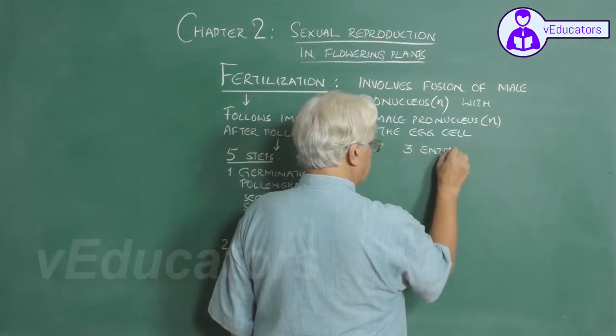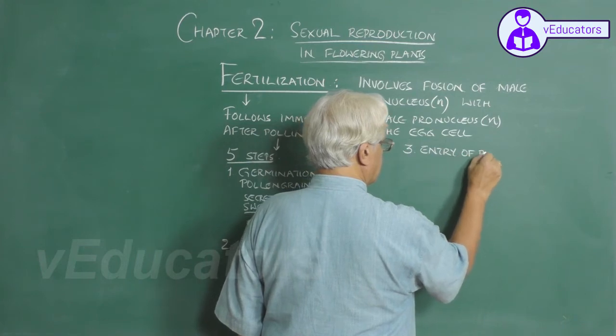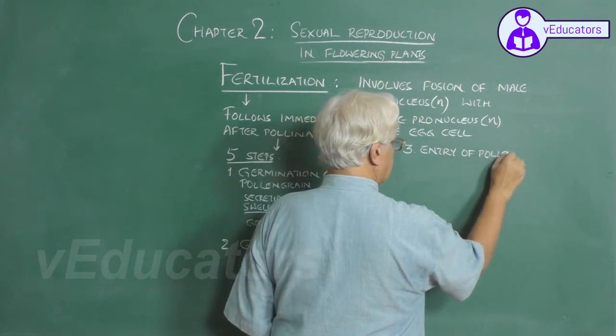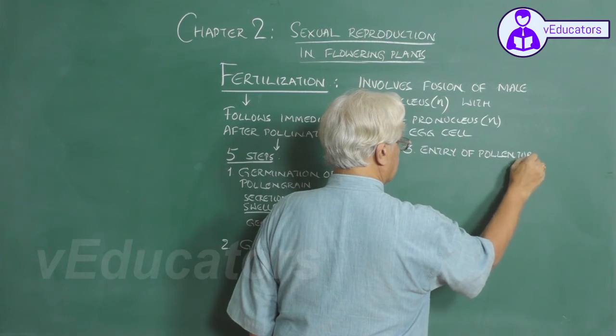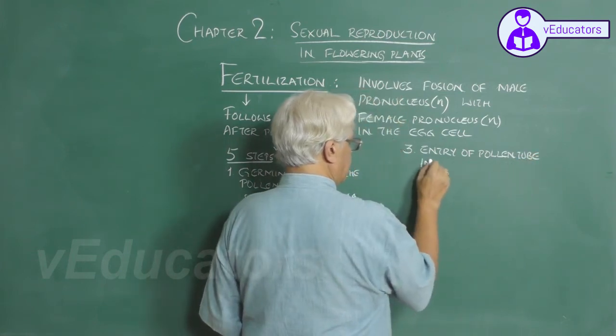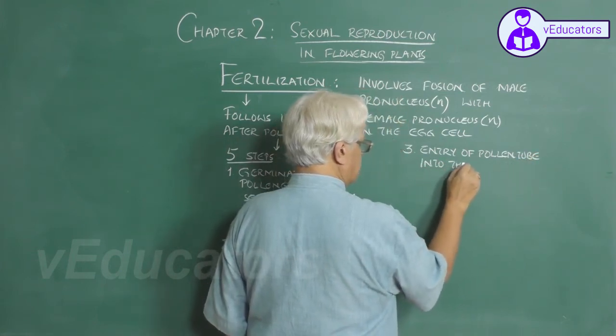The third step is called entry of the pollen tube into the embryo sac.